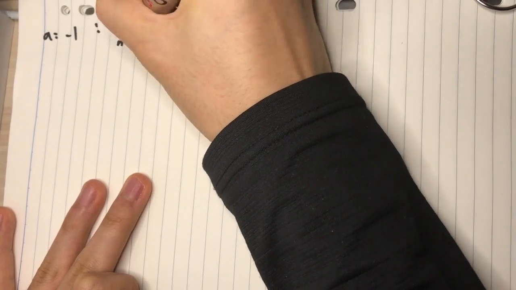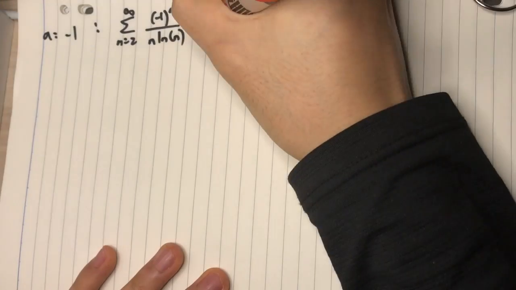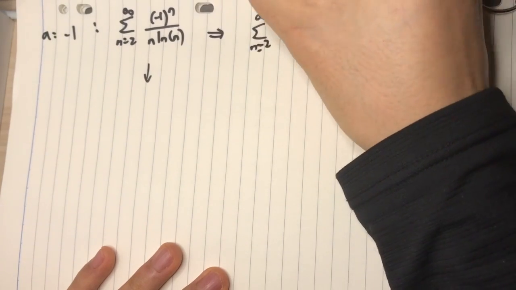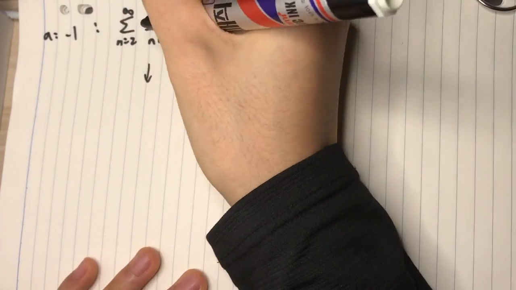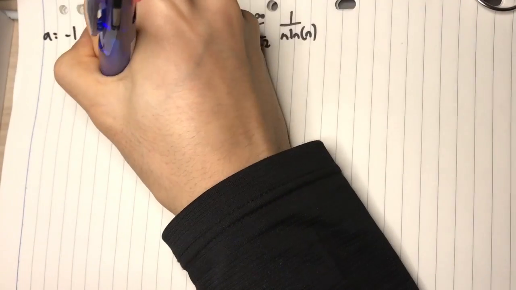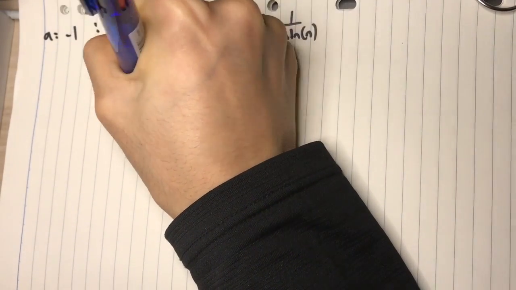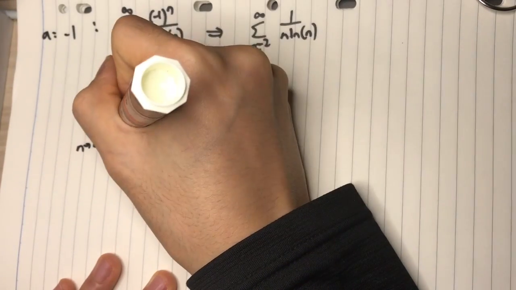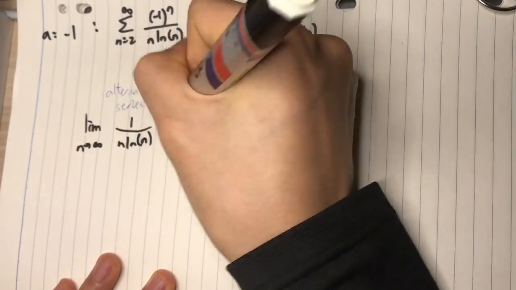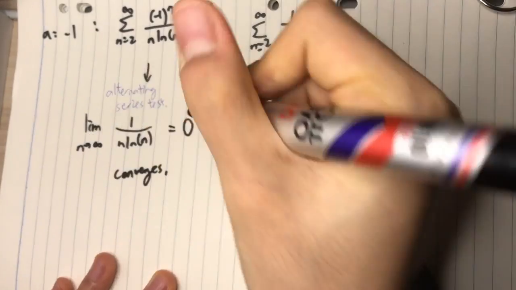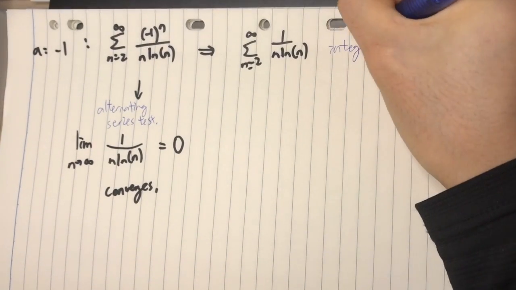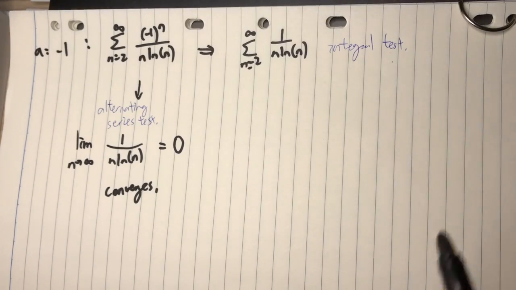So that leaves a equals -1. We know this is the answer, but we're going to check it anyway. Because we're going to assume that this converges conditionally, we're going to set up both the absolute and the normal convergence tests. We use the alternating series test for the normal series, and we know that as a limit it's going to converge.